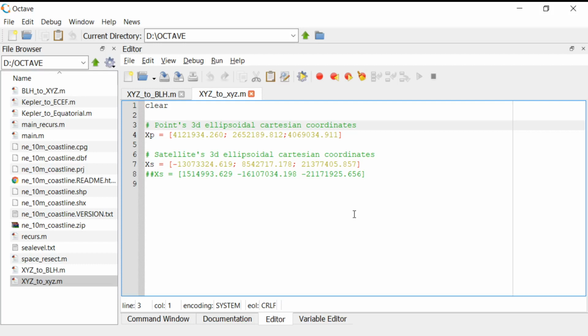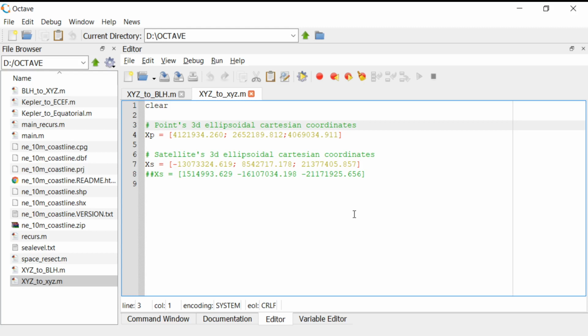Hi, in this video, we will solve the problem of converting from a global coordinate system to a local coordinate system. As you know, the coordinates of the satellite are given in a global system because the satellite orbits the geocenter, or the Earth's center of mass.